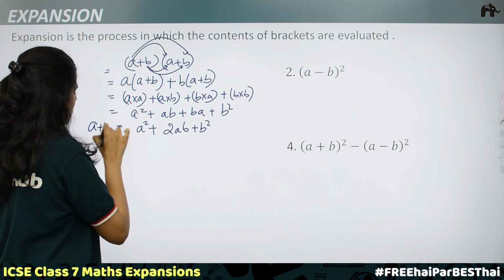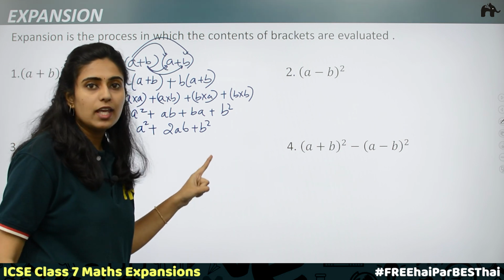Therefore, a plus b whole square is equal to a square plus 2ab plus b square.